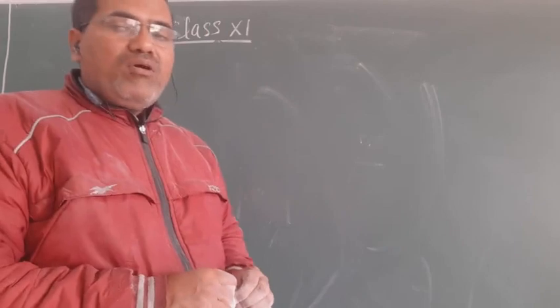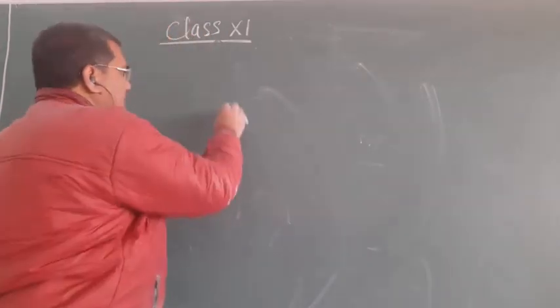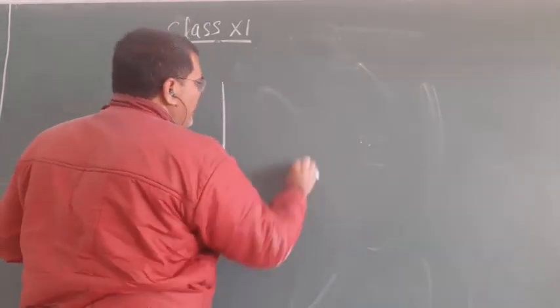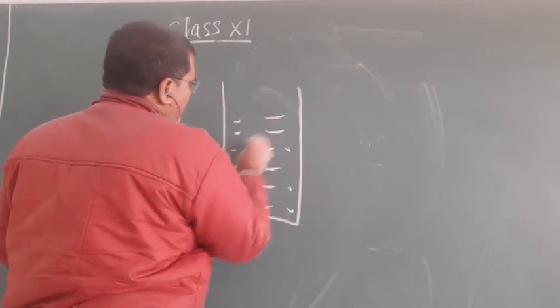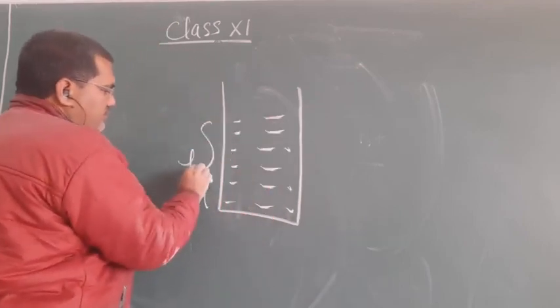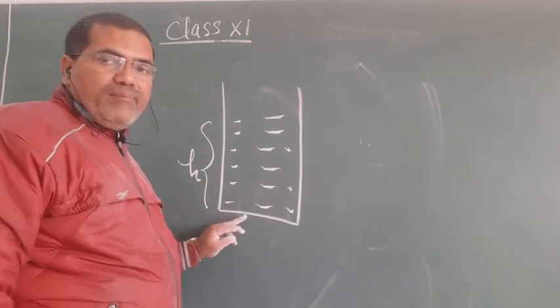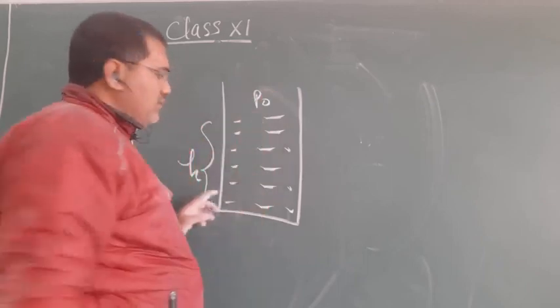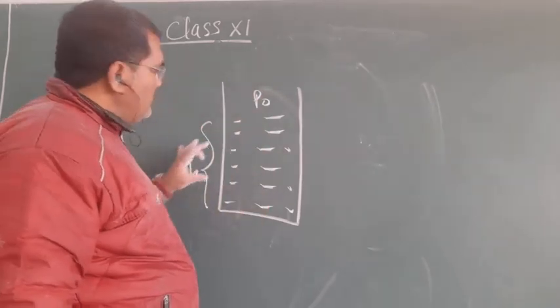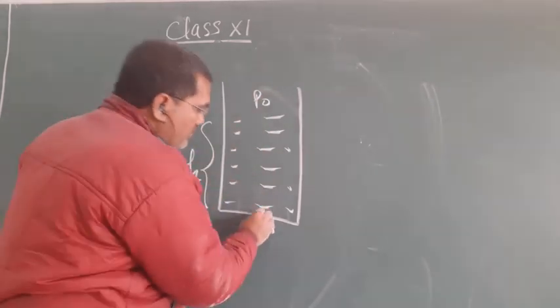We have already seen that when a liquid is filled in a container up to height h, then the pressure at the bottom is due to atmospheric pressure and pressure due to the liquid column.